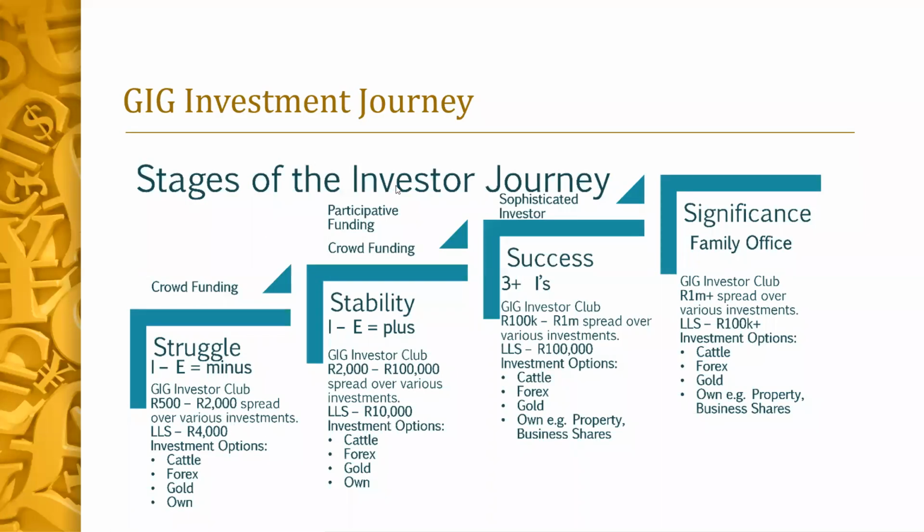So these are then the stages of the investor journey, from crowdfunding to participative funding to sophisticated, to be a sophisticated investor, to having a family office where you can now afford to lock into the best brains in the industry when it comes to investment.